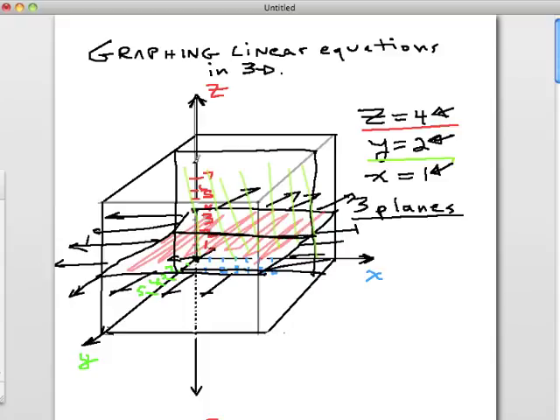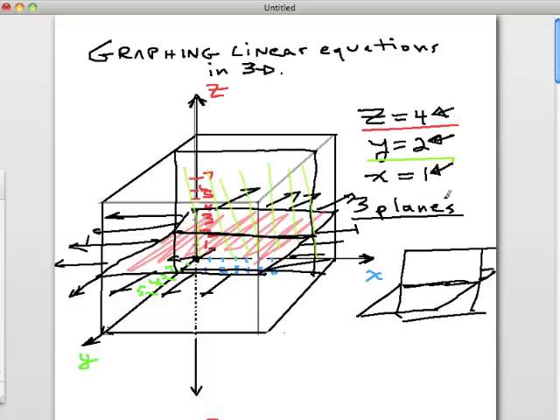Just to take this out for a second, this y equals 2 plane looks like this, and the z equals 4 plane looks like this, and they intersect right along that line, and the y equals 2 plane continues out. So this black line corresponds to this black line, the intersection of the 2 planes.